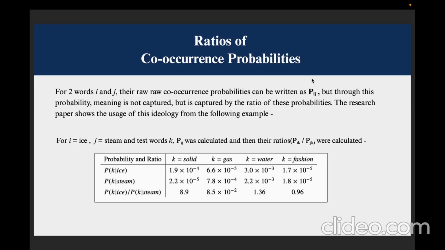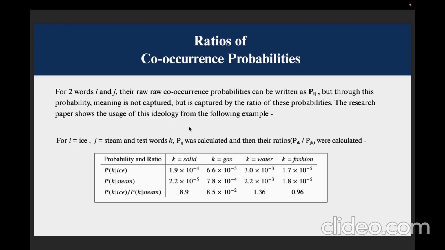But it was seen that this probability does not capture meaning. This is because it just shows how well the words go along with each other, that is, the probability that they can be placed next to each other, but it does not capture the semantic meaning.